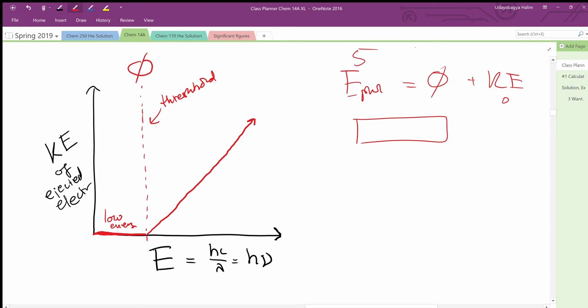So if this is 5, this is 5, 5 equals 5 plus x. So x equals 0. So essentially, when it's just on the threshold, nothing's going to happen. You need to have it just a little bit over the threshold for you to see something. It's like, I need enough force to break this pen.